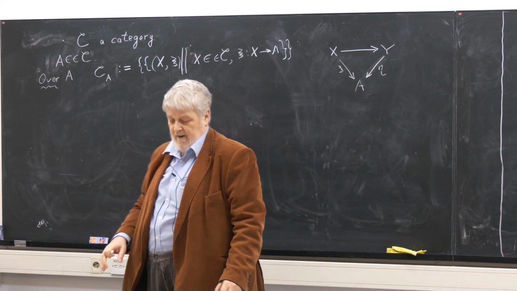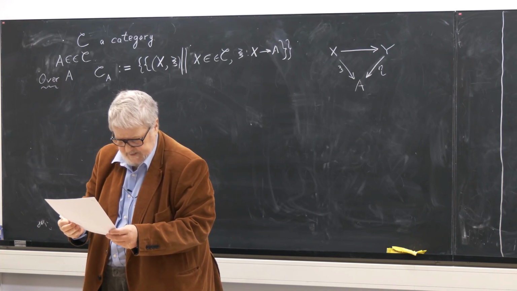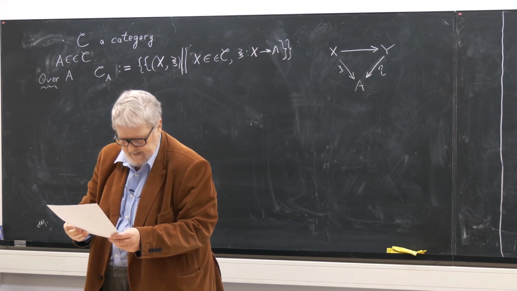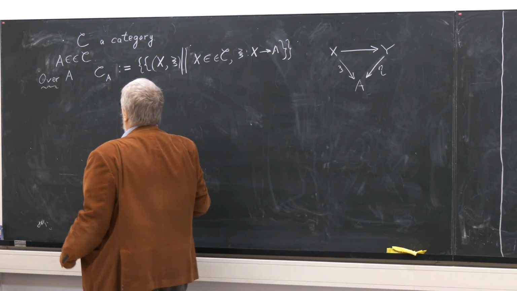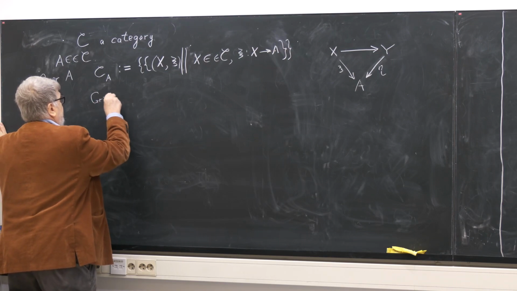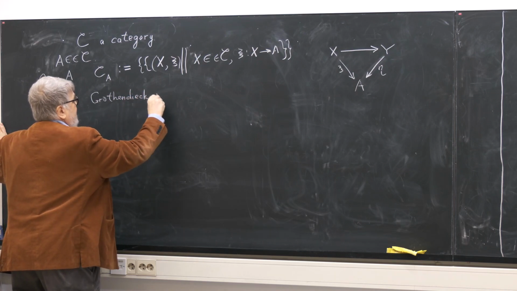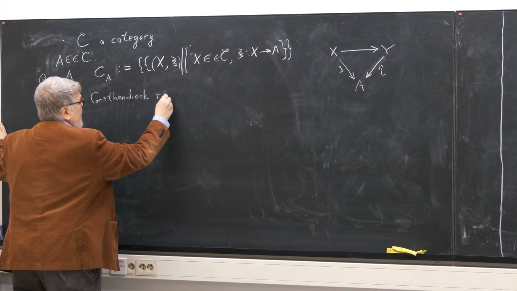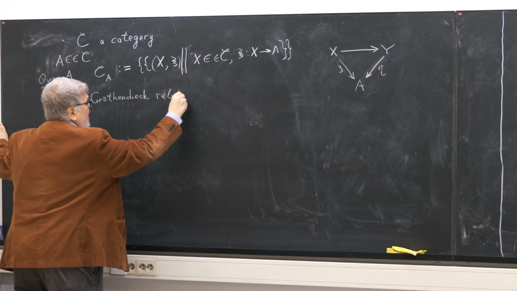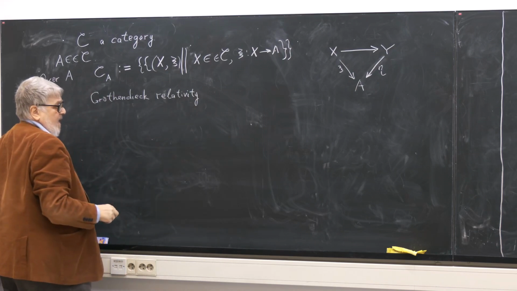So I'd like to give a seemingly trivial but a very important example. I would call it the Grothendieck relativity, not Einstein's one, but another one, as important as well.